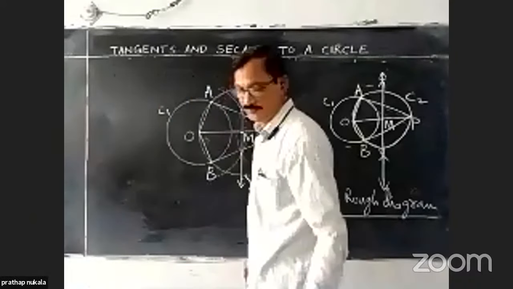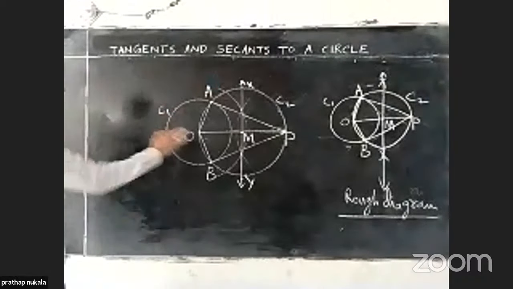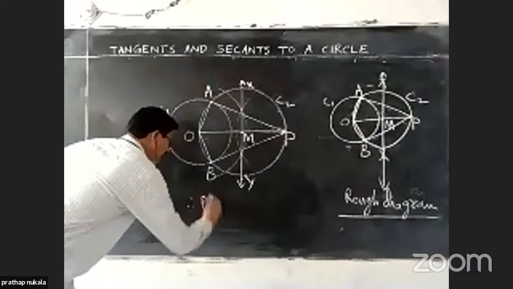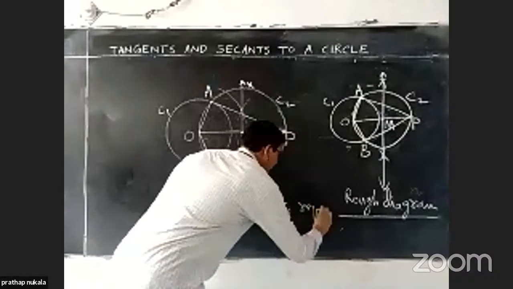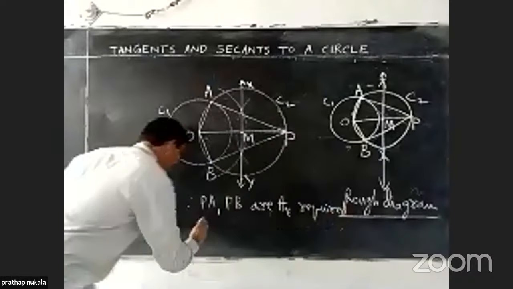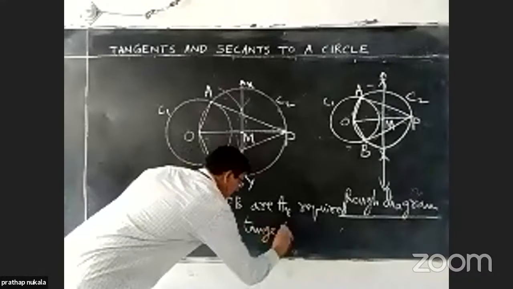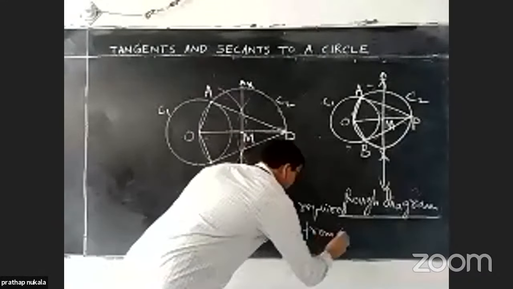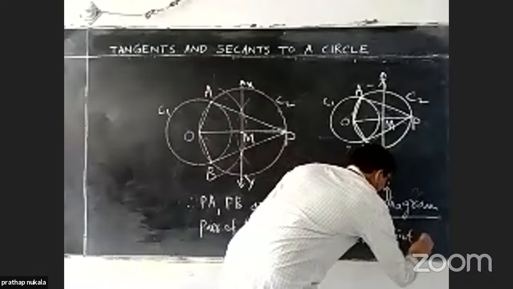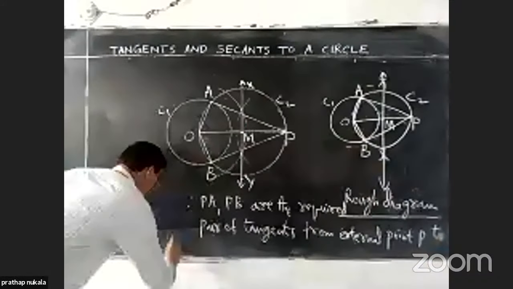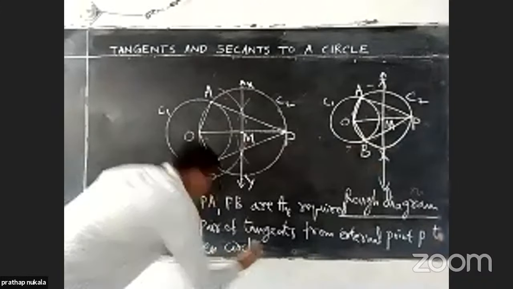Therefore, PA and PB are the required pair of tangents from the external point P to the given circle. That's all.